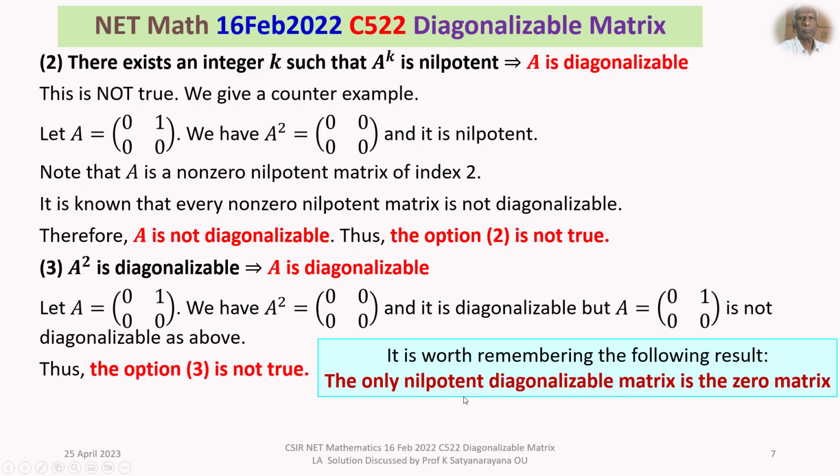If a matrix is nilpotent and it is diagonalizable, then it is only the zero matrix. We can also say that every non-zero nilpotent matrix is not diagonalizable. Agreed.